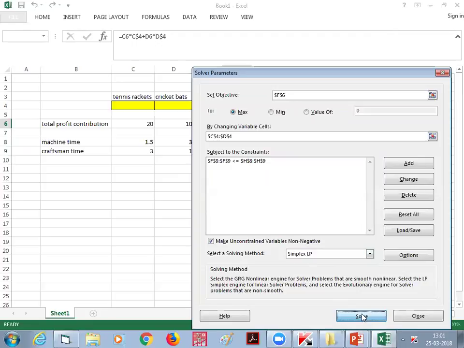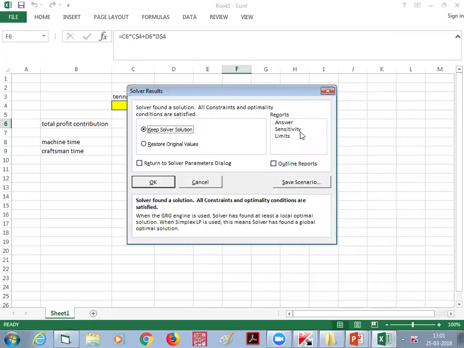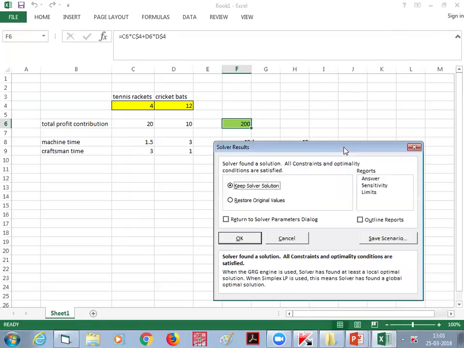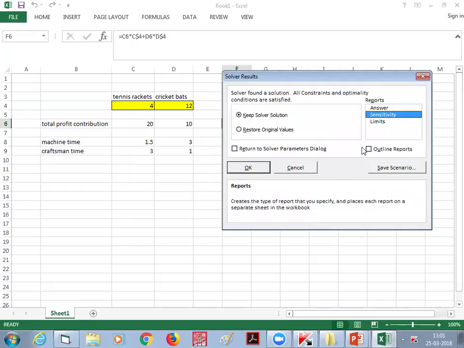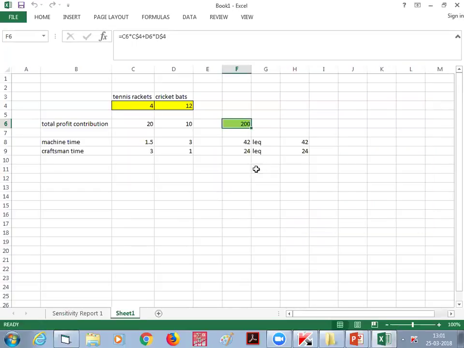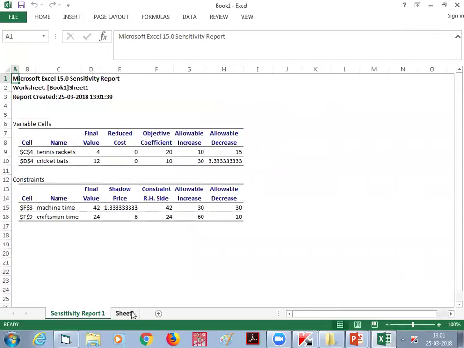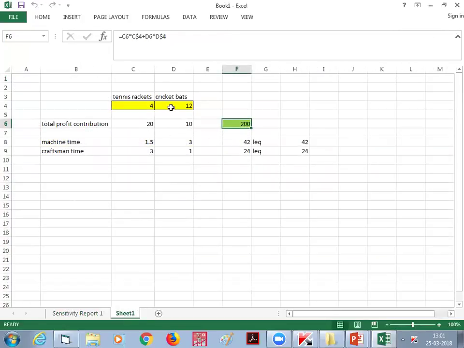And now we just solve, and well, the solution we've got. Actually, we're going to need something called sensitivity analysis later, so it's usually a good idea to take the sensitivity analysis also. Here you can see the solution is 4 tennis rackets and 12 cricket bats, and the profit is 200 rupees.